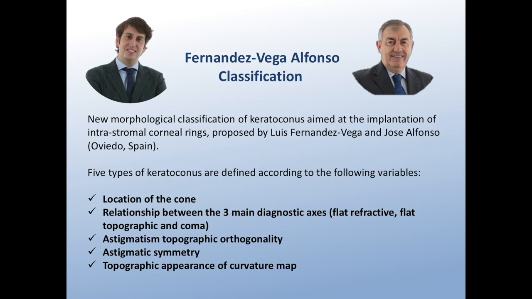Basically, there are 5 types of keratoconus that are defined by some variables. First of all, where is the cone located? Then, it is very important to understand the relationship among the 3 axes: flat refractive, flat topographic, and coma. Finally, it is important to understand the astigmatism, topographic orthogonality, and symmetry, and the topographic appearance of the curvature map.